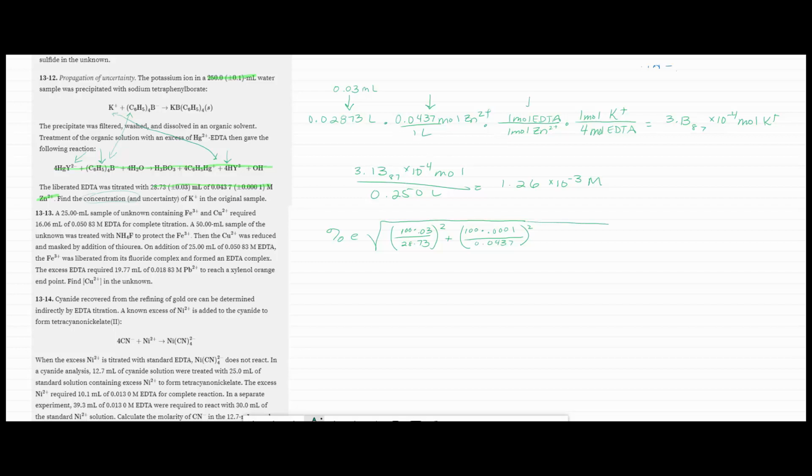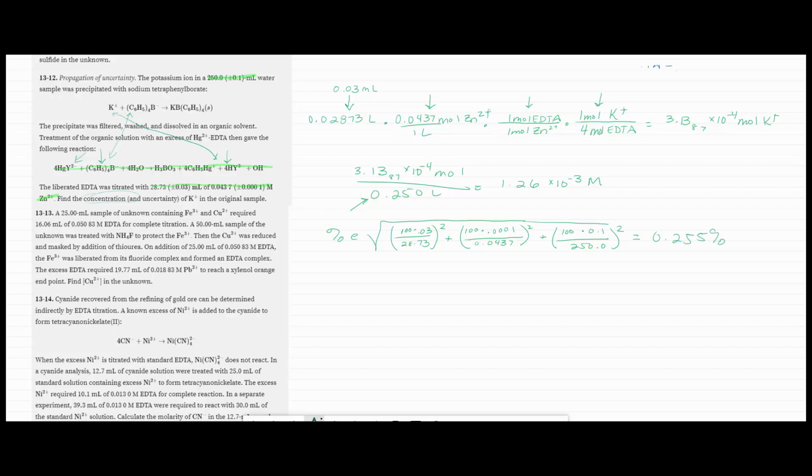These are absolute numbers. They don't have uncertainty. Then we have this volume value, 100 times 0.1 divided by 250, and square that. So I get an error percent of 0.255%.